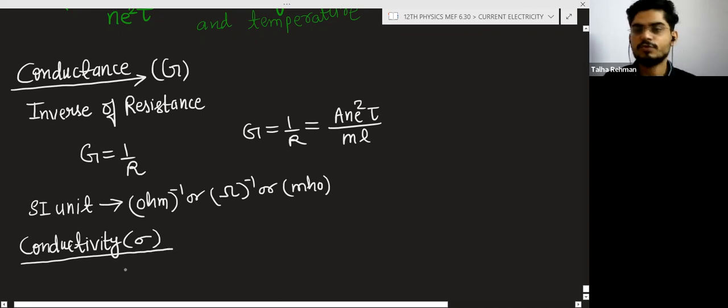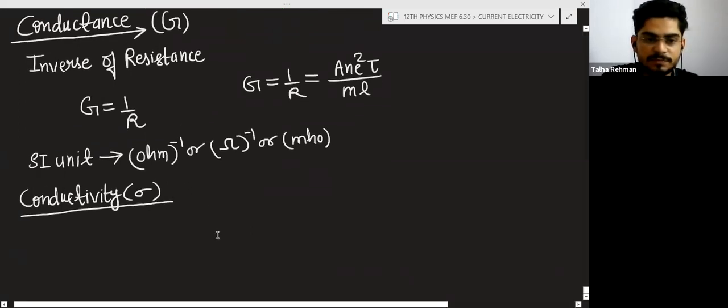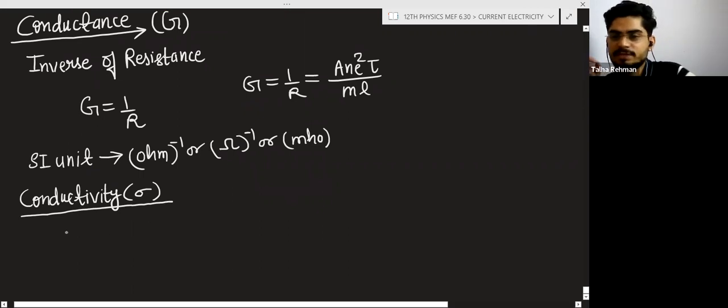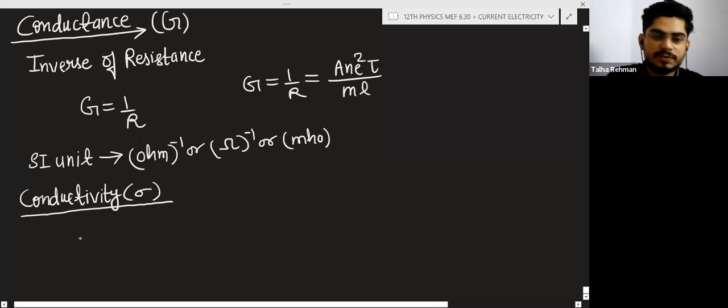There was one more sigma, the surface charge density; this is another sigma, the conductivity. Like we have resistivity, conductivity is the inverse of resistivity.